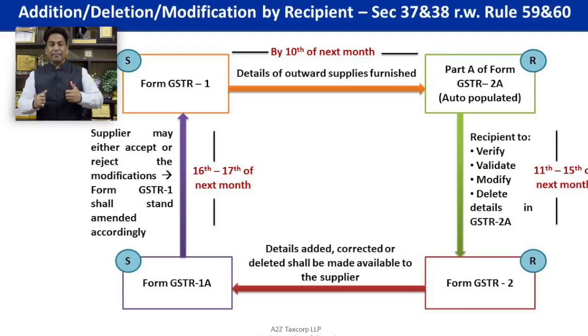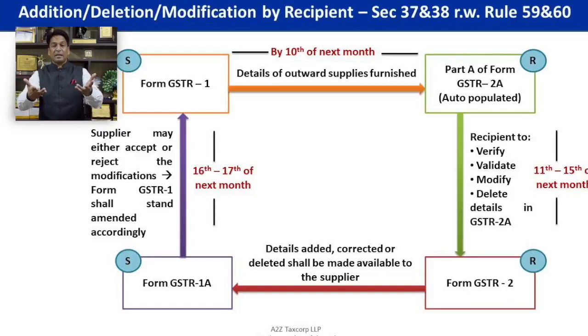What is add? Let's say the supplier has supplied the goods on the 28th of September and raised the tax invoice. Being the recipient, you have received the goods and the tax invoice, but the supplier forgot to upload the invoice particulars on the GSTN portal while finalizing GSTR-1 by the 10th of next month.